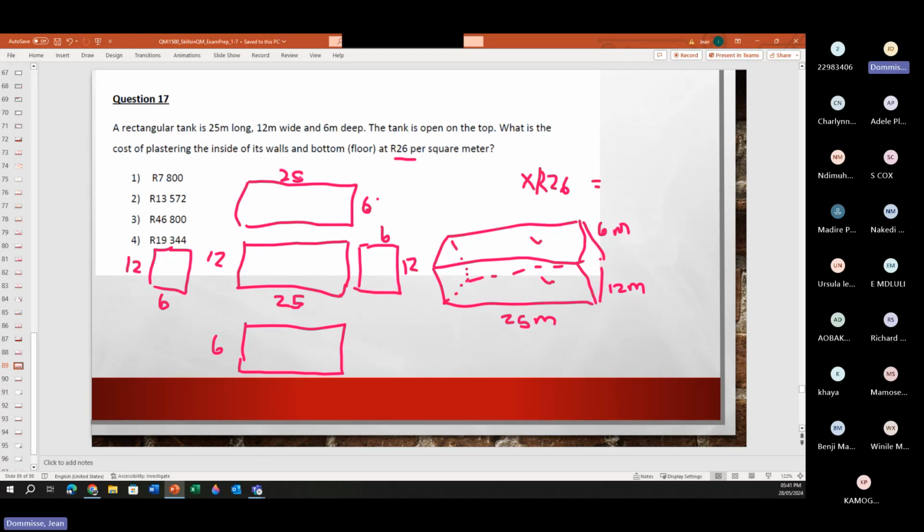Okay, so 25 times 6 is 150. Here is another 150. 12 times 25 is 300. 6 times 12 is 72.